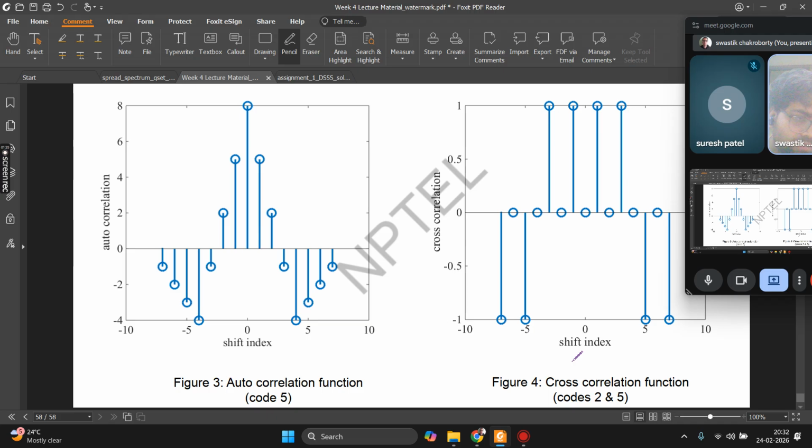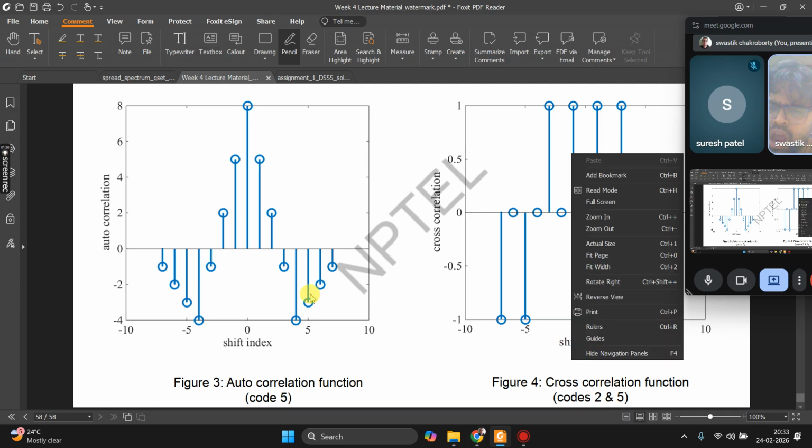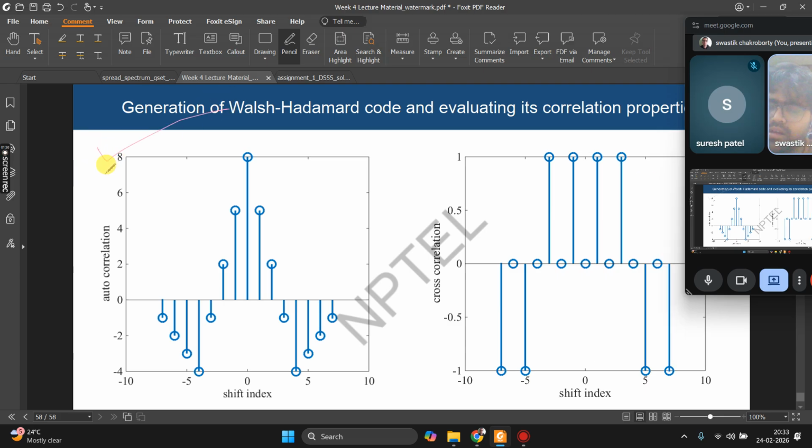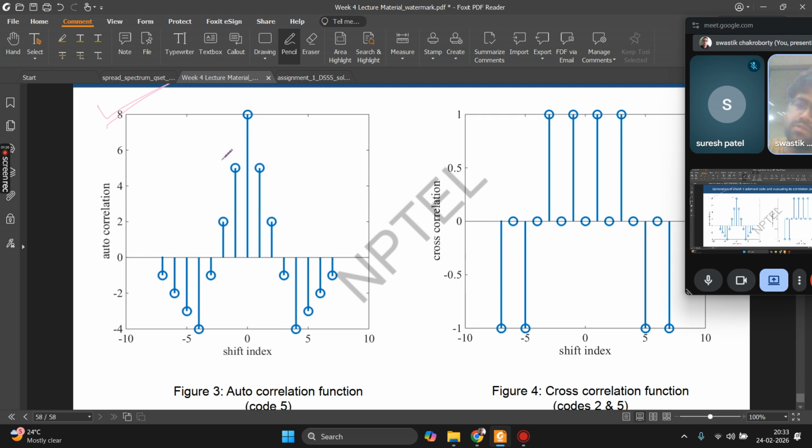It will have three values: plus 1, minus 1, and 0. And autocorrelation will be highest at shift index 0, and that value will be basically the order. So if you take the 8 length Walsh-Hadamard code, the highest autocorrelation value will be 8.